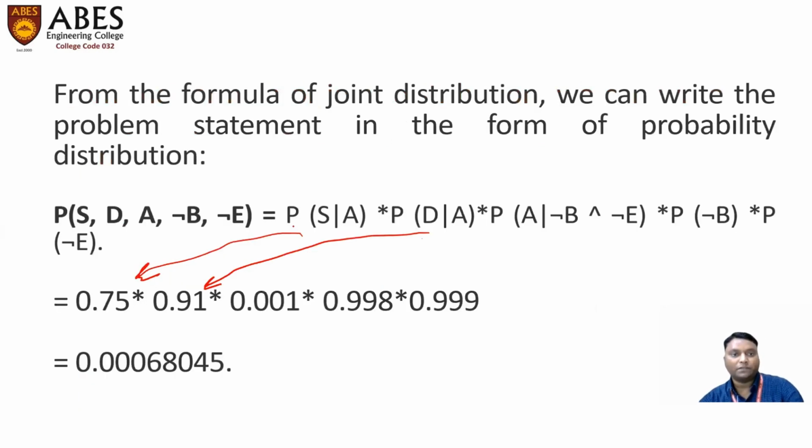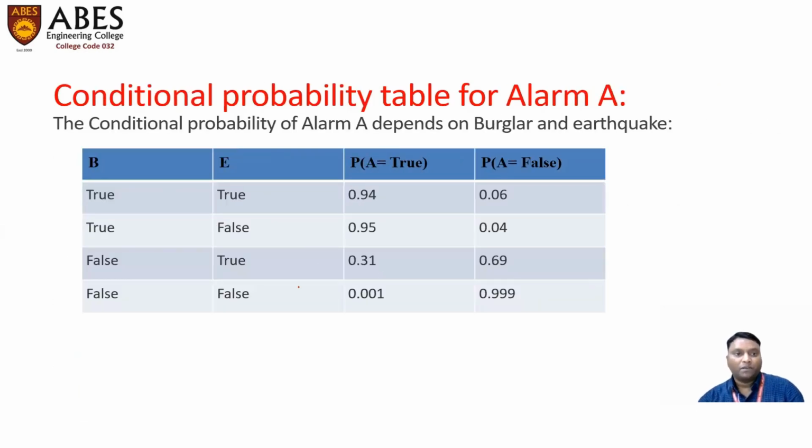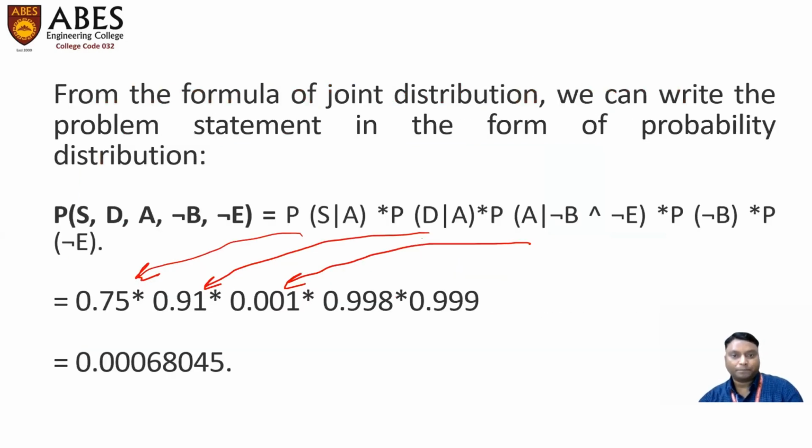We have to put this value 0.91. Now we have to find the value of alarm with respect to not B and not E. So we have to check the table of alarm where both the values of burglary and earthquake are false and the value of alarm is true. So the intersection value is equal to 0.001. So we have written this value here.